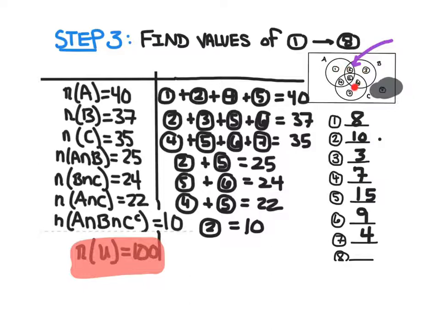So notice on here 1 through 7 are inside of this region. To find what's outside, I just take 100 and subtract all of these values. All right, and when I do that, I'm going to get 44. And there we have it. Those are values 1 through 8, and we have successfully completed the Venn diagram.